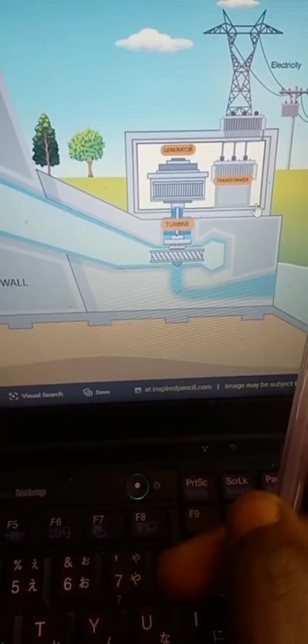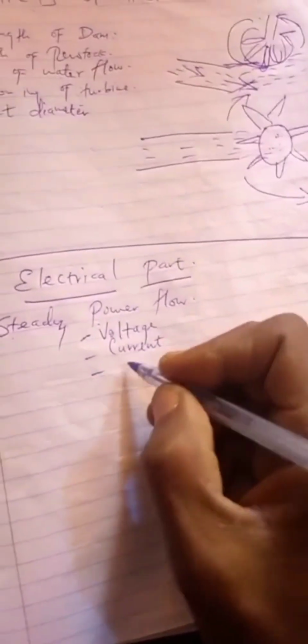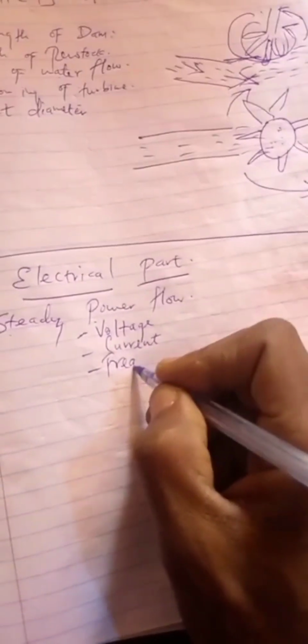and at the safe rating. So what we consider in this basically is just things to do with voltage, current, frequency, and power itself.